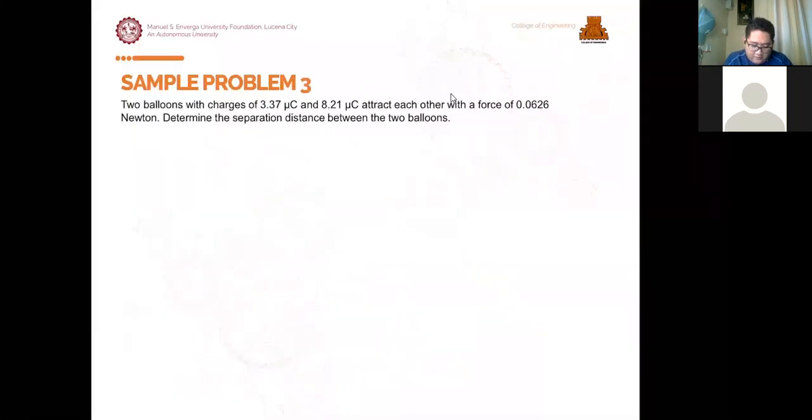Okay, we have two balloons with charges 3.37 microcoulomb and 8.21 microcoulomb. They attract each other with a force of 0.0626 Newton. The question is to determine the separation distance between the two balloons. It is not indicated which charge is positive or negative.